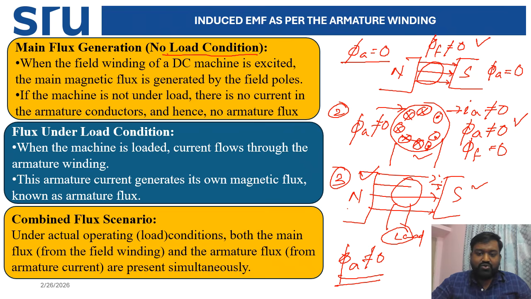The magnetic flux generated by the field winding, that means by the poles, is affected. That is nothing but armature reaction.